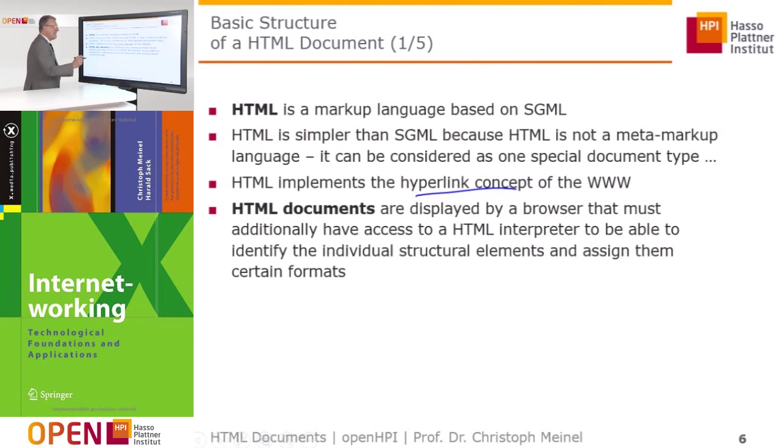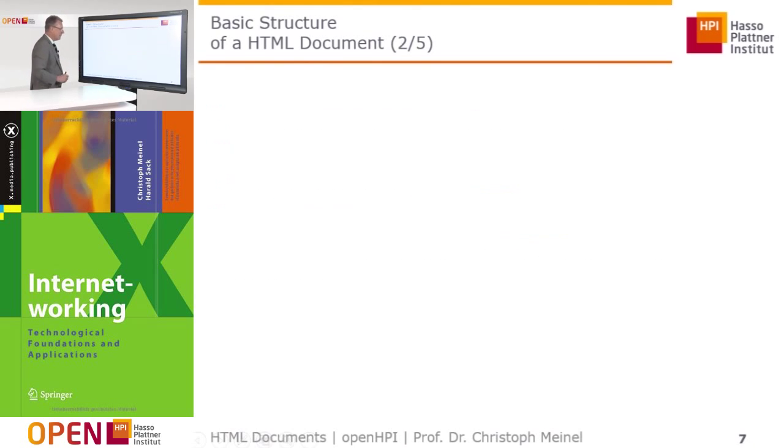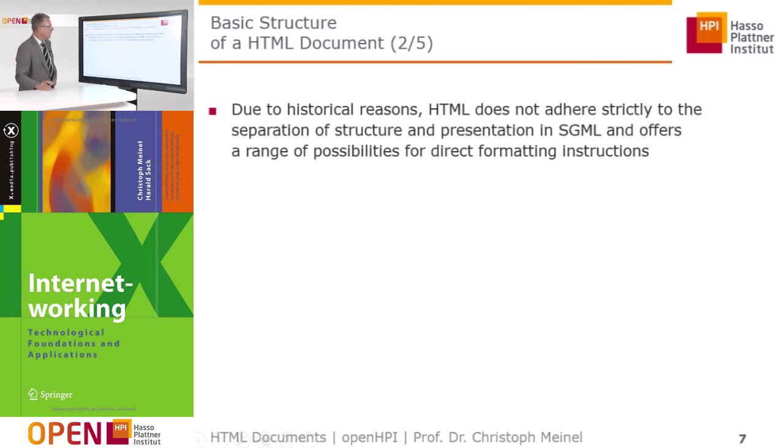The browser needs an HTML interpreter to be able to identify the individual structural elements and then to assign them certain format properties from the cascading style sheets. For some historical reason, HTML does not consequently follow the strict separation between structure and presentation like it was given in SGML.